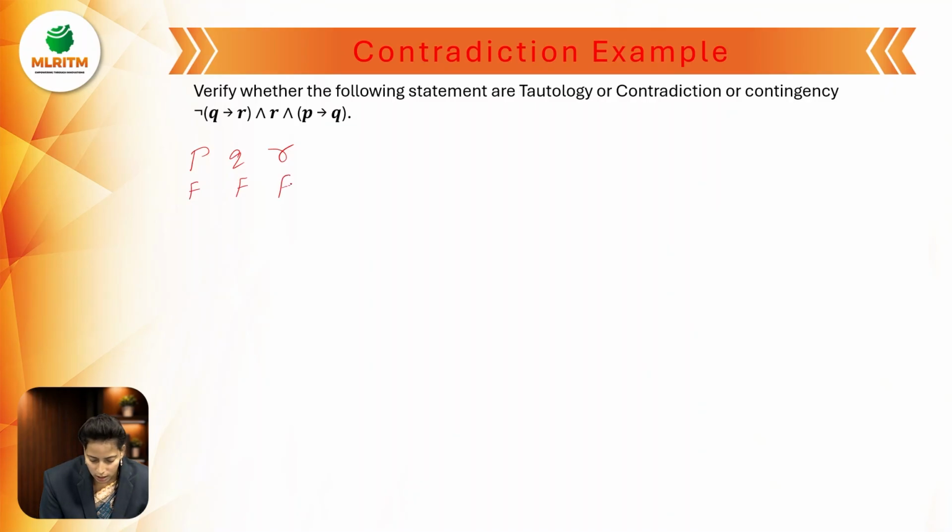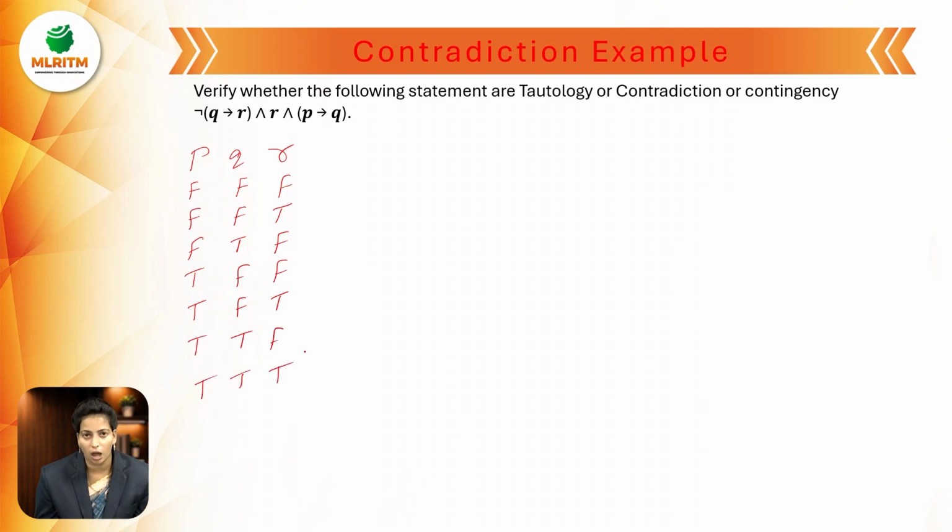False false false, false false true, false true false, false true true, true false false, true false true, true true false, true true true. Total 8 possibilities: 0, 1, 2, 3, 4, 5, 6, 7.